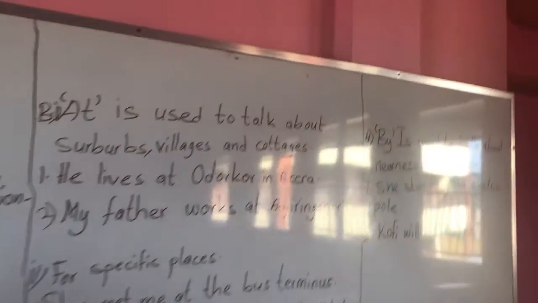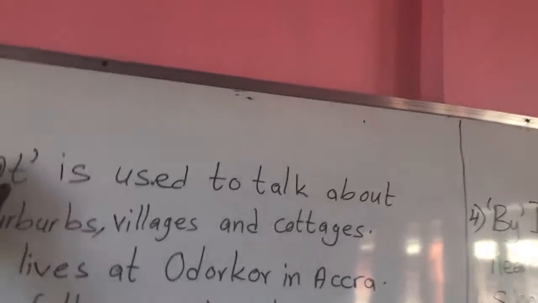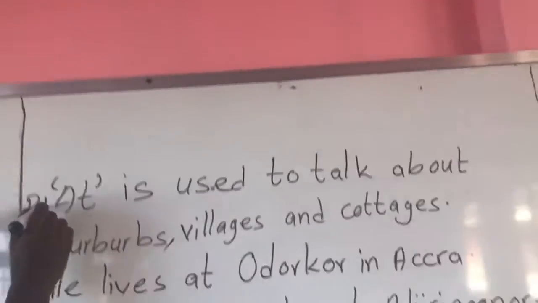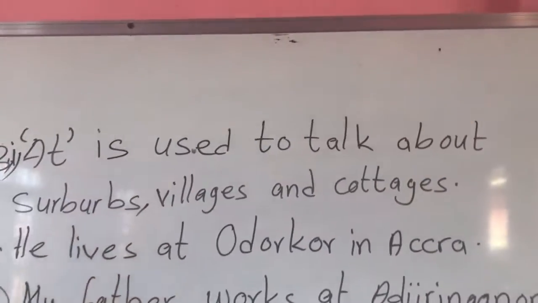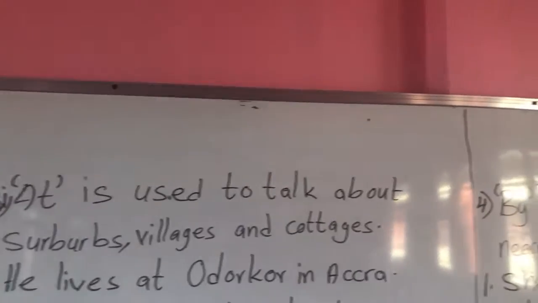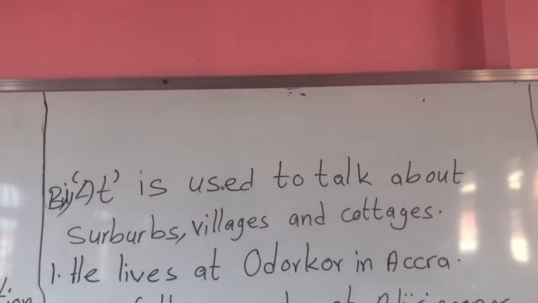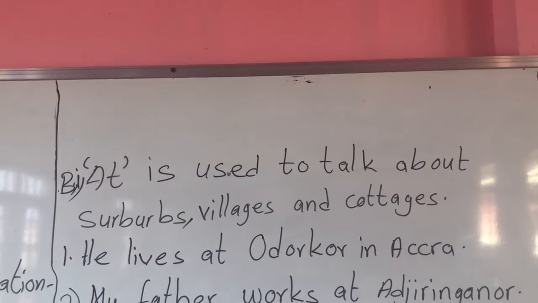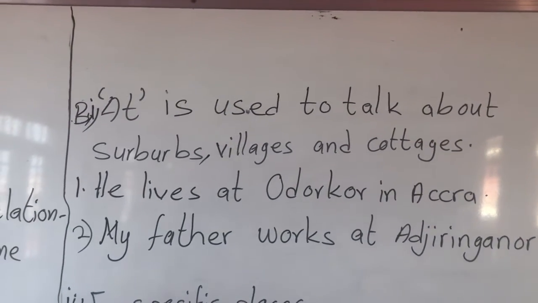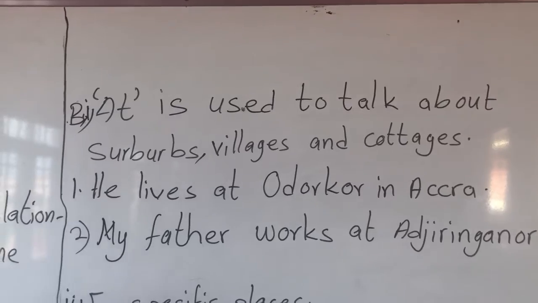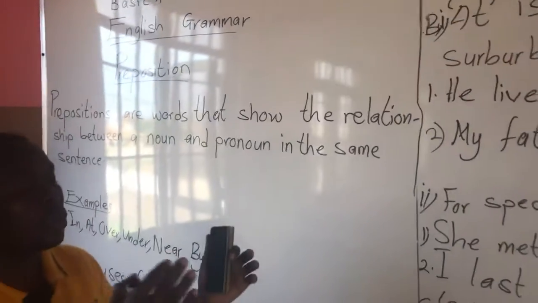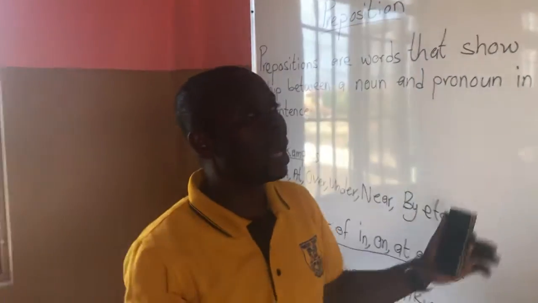Let's continue. Now we have at. At is used to talk about suburbs, villages, and cottages. Suburbs are those towns that come together to form a city.